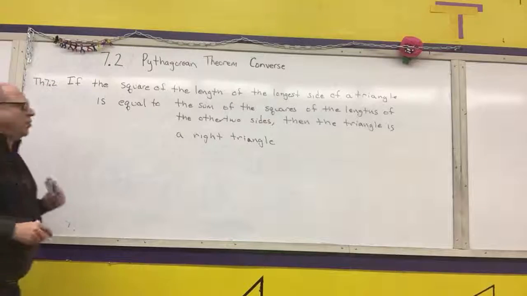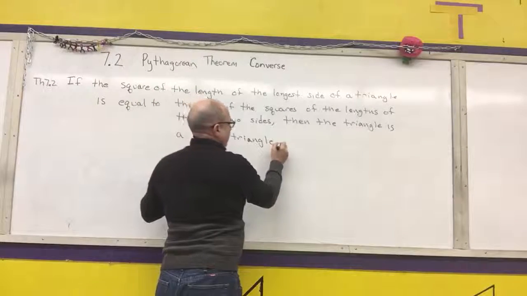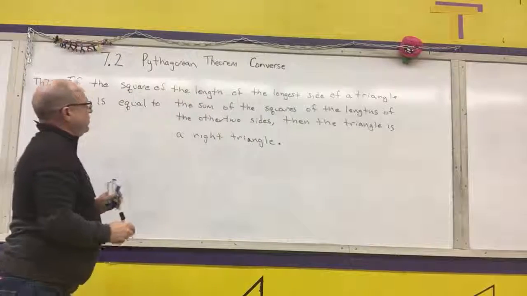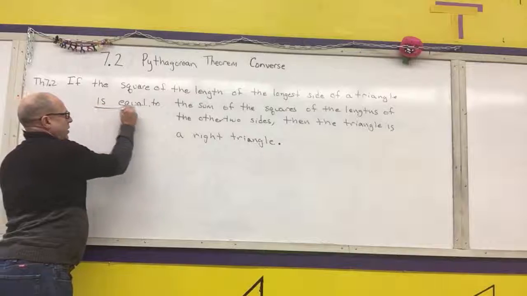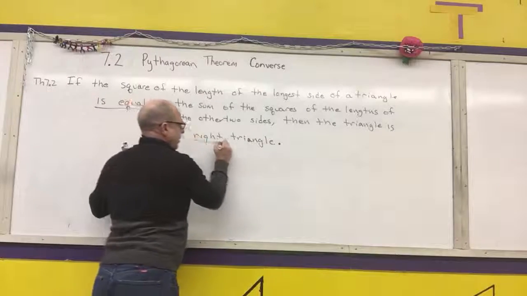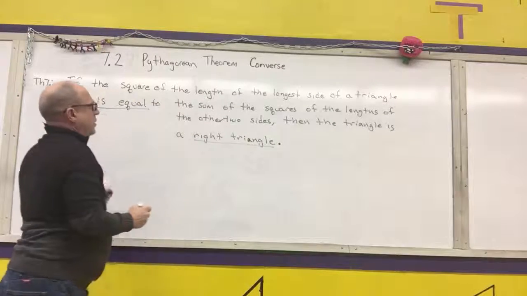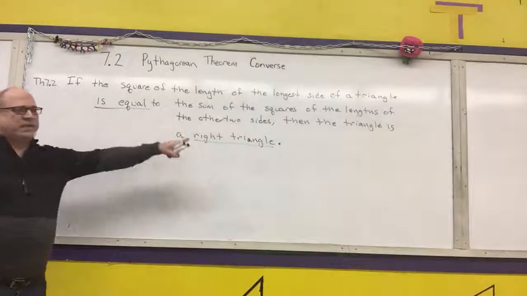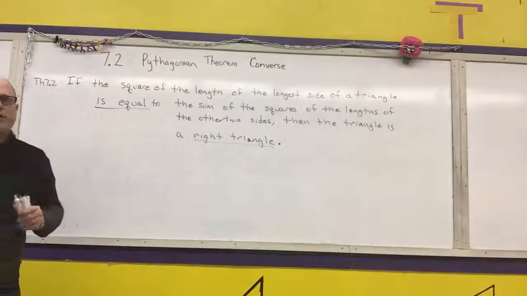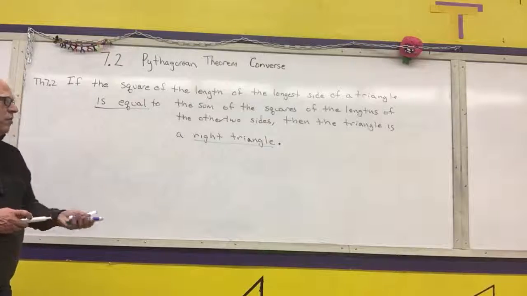I wrote it on the board specifically in this layout because we are just going to end up changing the two things that I have underlined in blue to come up with Theorem 7.3 and 7.4.